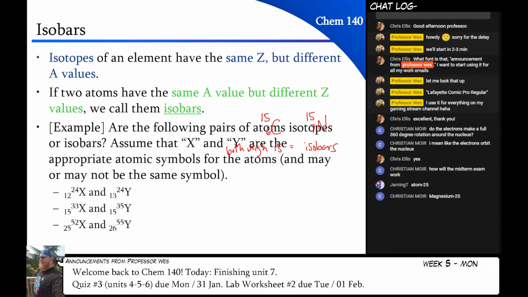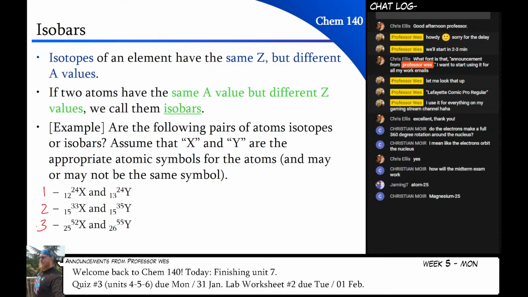All right. So for the example on the screen here, I want you to tell me if these atoms are isotopes, isobars, or not, or just unique. And the way that I want you to do that is to just type it in the chat here for one. So let me number these. Where I have printed X and Y are the actual symbols for whatever these are.